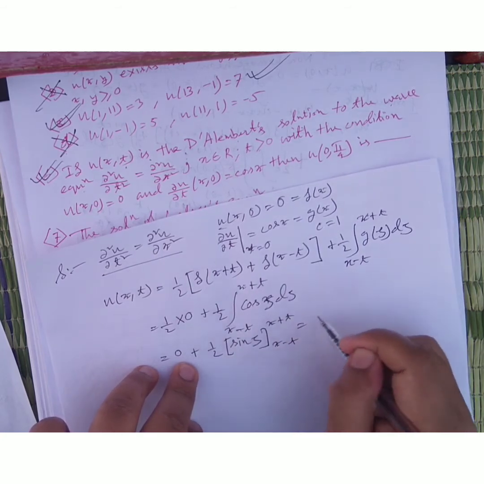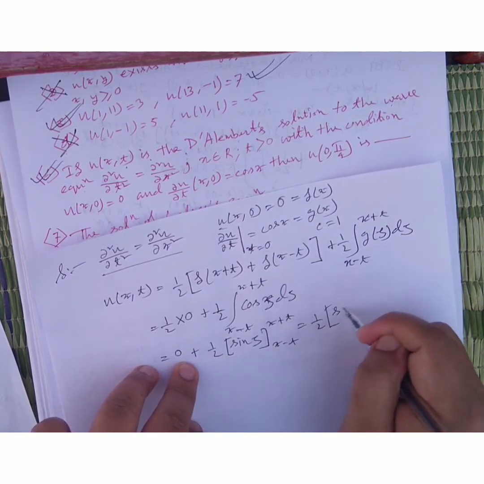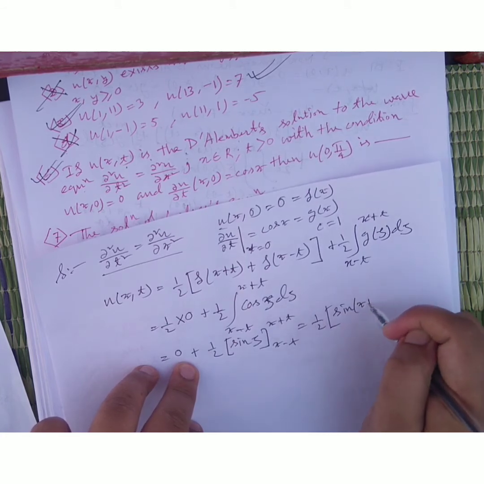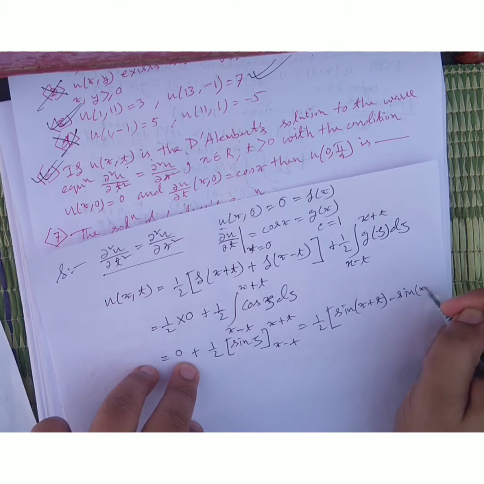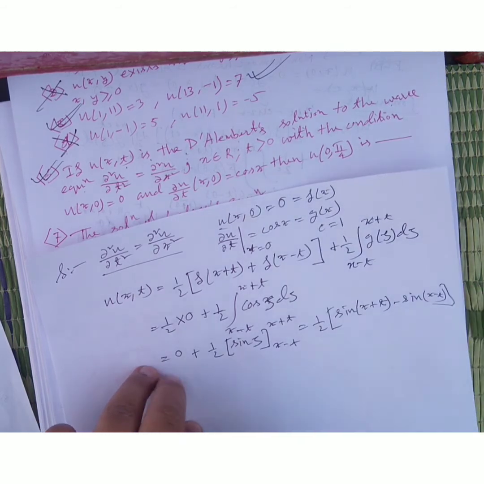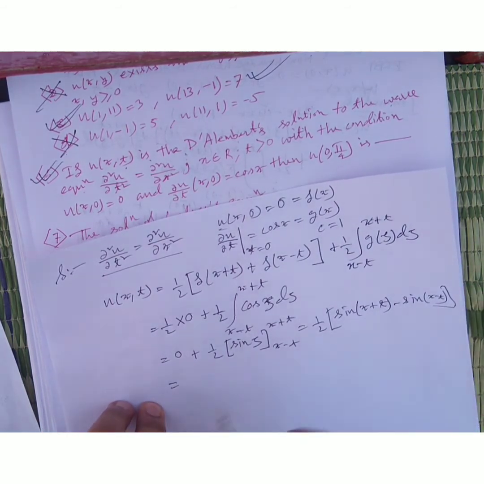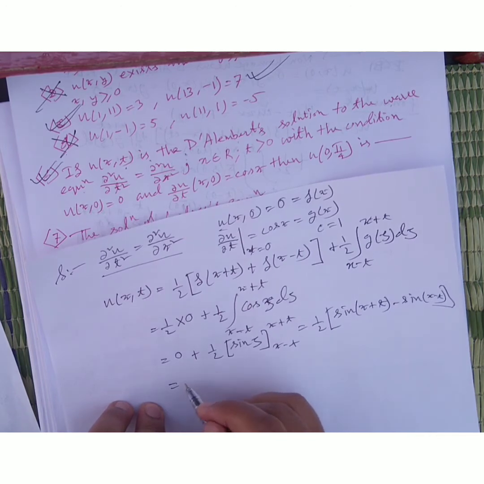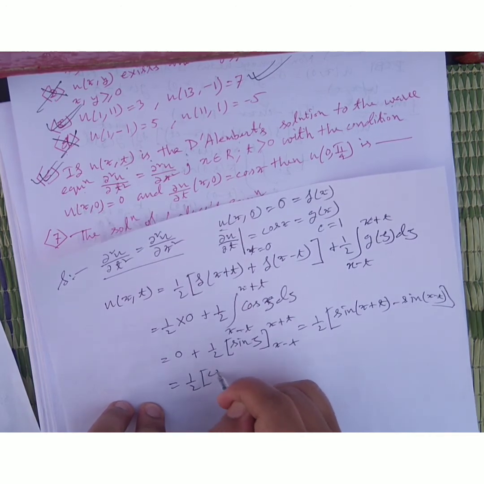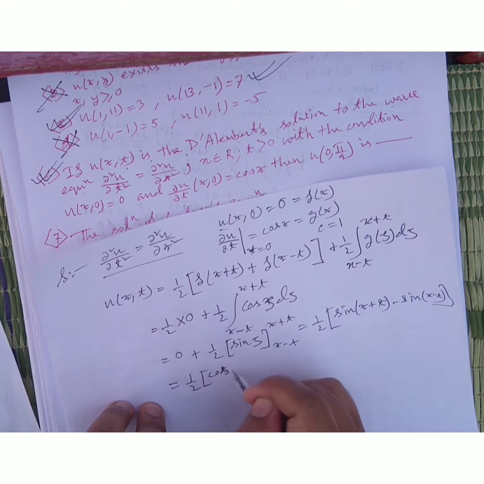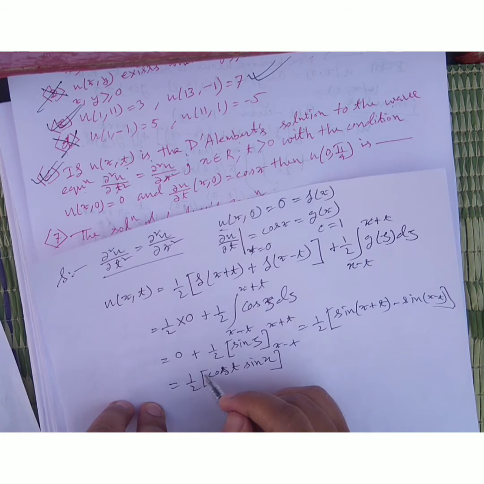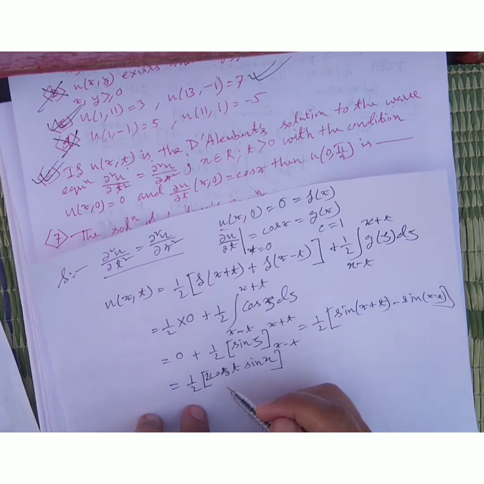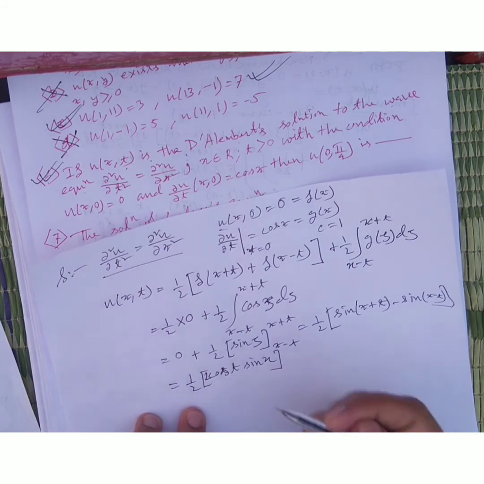Whatever I get, half into sin(x plus t) minus sin(x minus t), and using sin a plus sin b formula, this value is 2 cos t into sin x. I get this value. Okay.